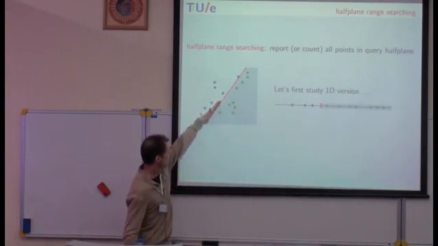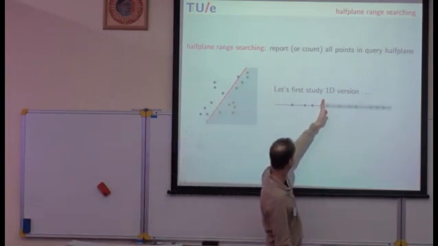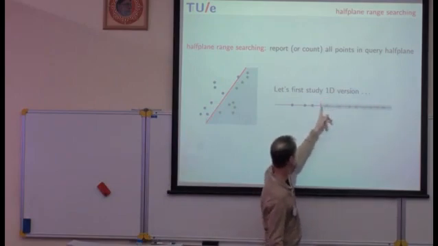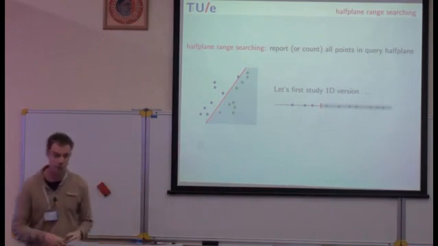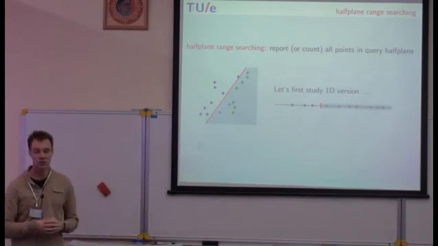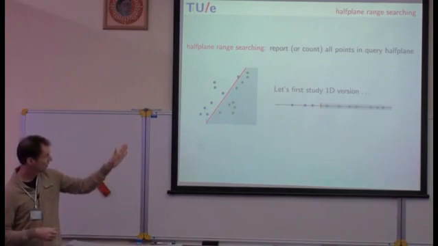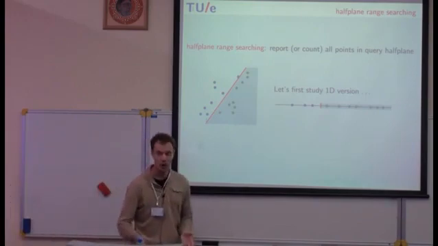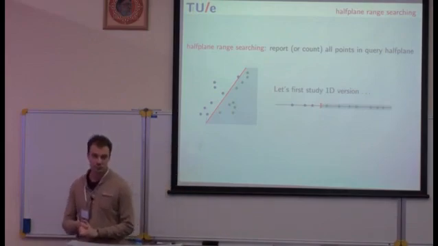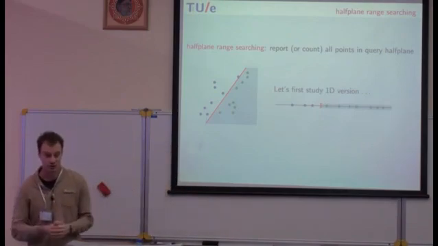A half space is simply everything to the right of a point here. I want to count or report all the points to the right of this red point. How would you do that? Well, a binary search tree, for instance.